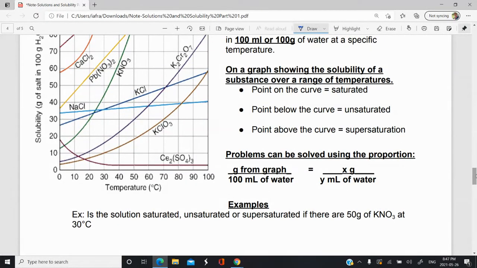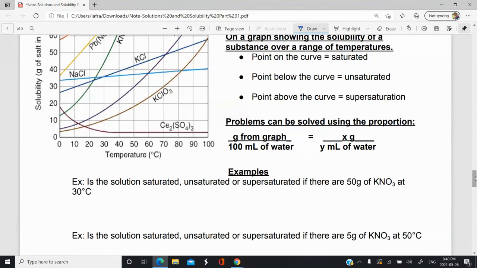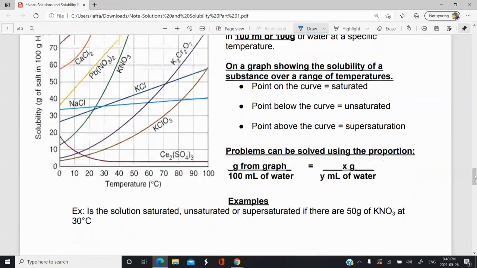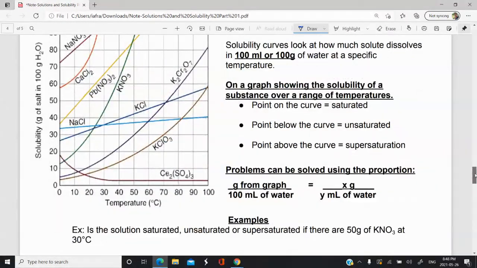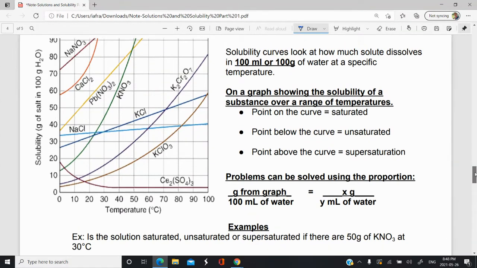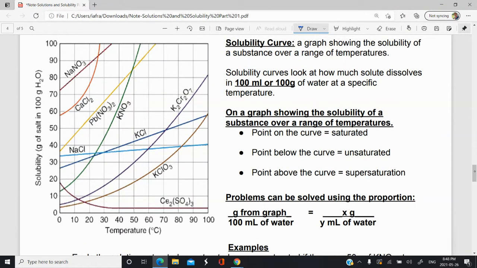So examples. Is a solution saturated, unsaturated, or supersaturated if there's 50 grams of KNO3 at 30 degrees? I'm assuming in 100 grams of water, of course. I should have been more specific. So we're looking at KNO3 at 30 degrees, and we're saying there's 50 grams in there. So here's 30 degrees, and we want to see KNO3 at 30 degrees, which goes over here.